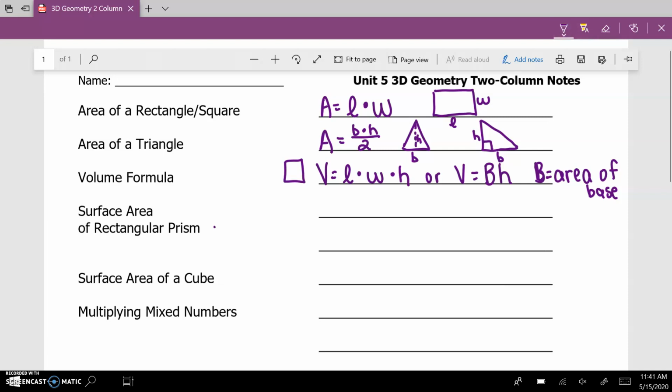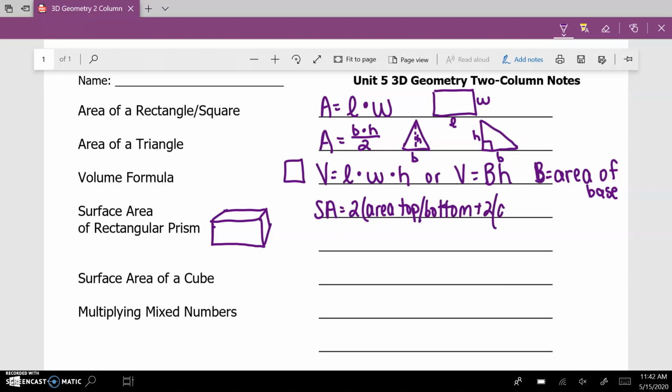Remember, this is where we had surface area equals 2 times the area of the top and bottom, and you can really put it in any order, plus 2 times the area left and right, plus 2 times the area front and back.